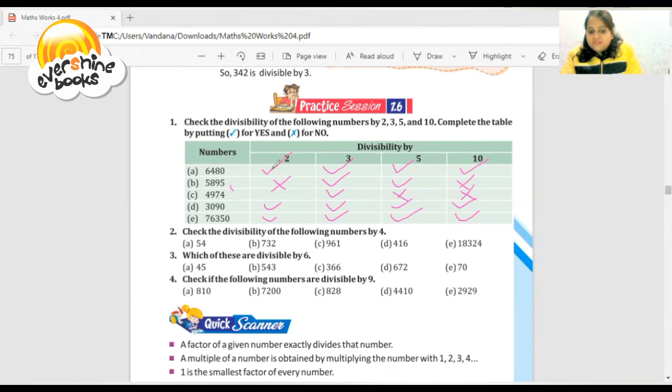So it is divisible by 2, and 3 also, by 5 also and 10 also. The number in one's place should be 0 or 5 for dividing by 5. And to check the divisibility of 10, you have to check that in one's place there is only 0.